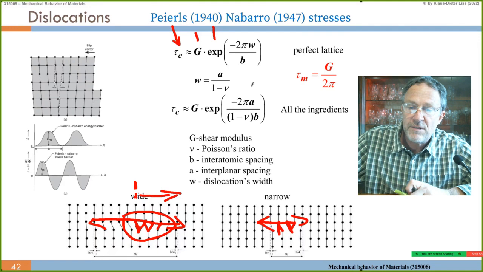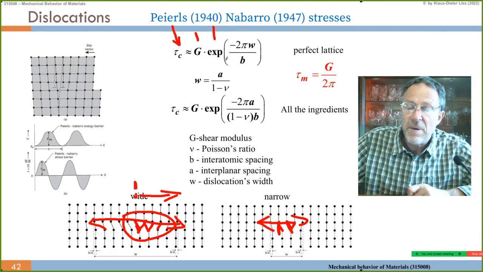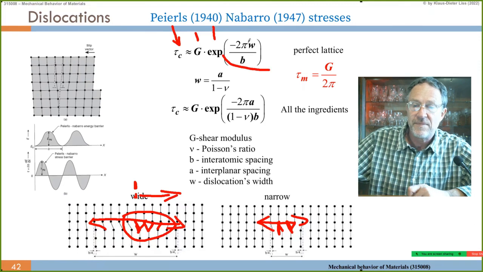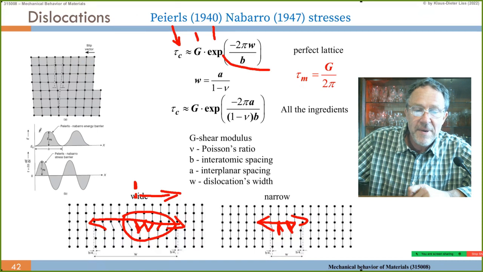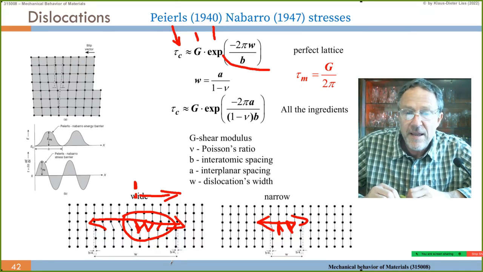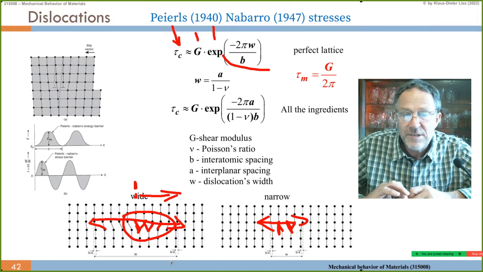Always scaled to the Burgers vector, and there's a factor of 2 pi. So it's an exponentially decreasing function. If W becomes large, the energy barrier to overcome the switching is low, and therefore we only need a lower shear stress, tau c.